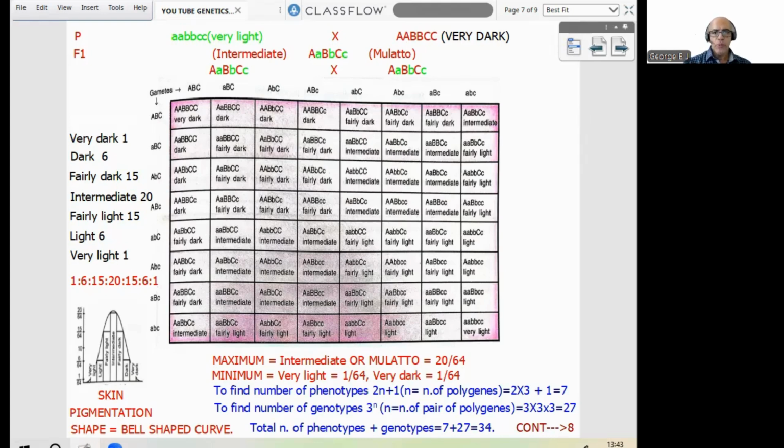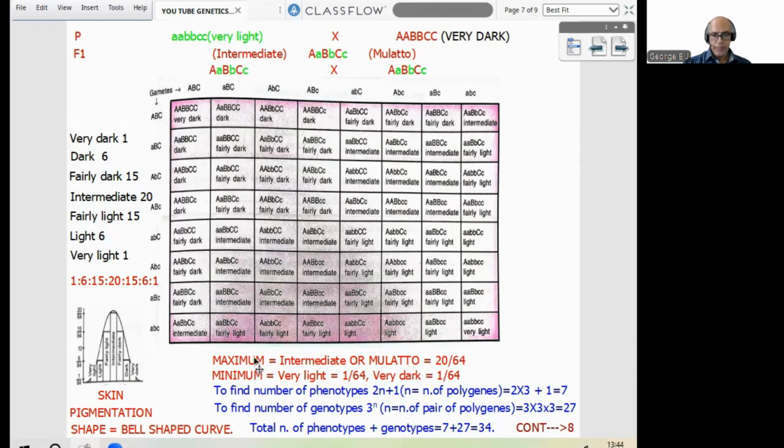So the ratio becomes 1:6:15:20:15:6:1, total 64. When we plot this, we get a bell-shaped curve with the center one having maximum representation. It is intermediate or mulattoes, 20 out of 64. Minimum will be 2: very light, 1/64, and very dark, 1/64.